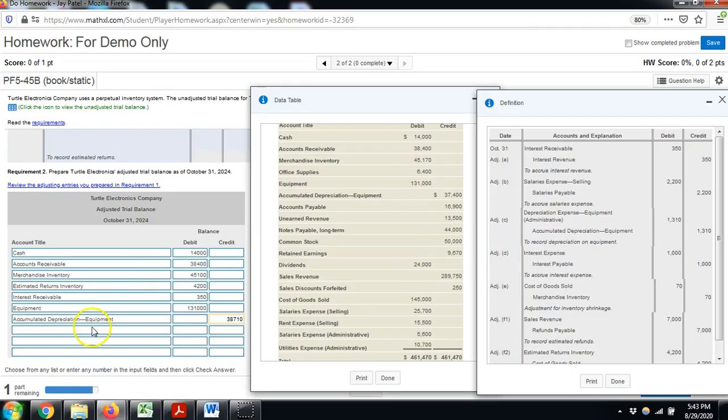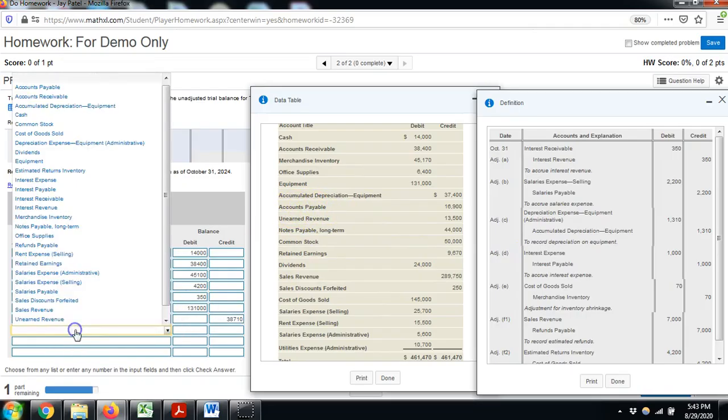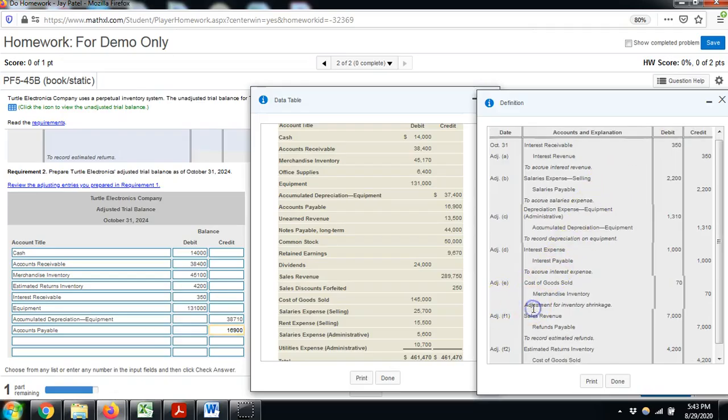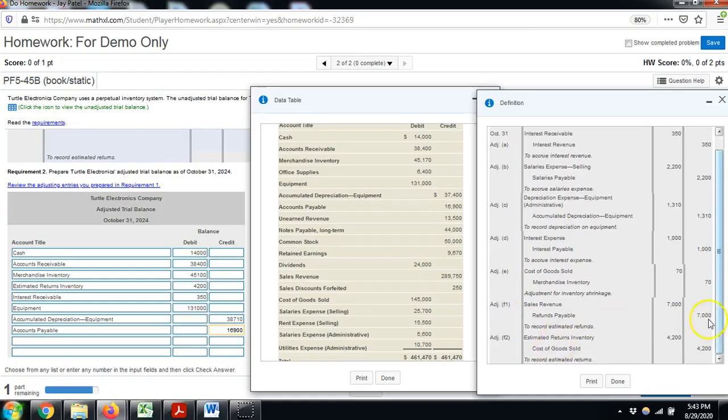So now let's move on to liabilities. Starting on our unadjusted, we have this accounts payable. We have our refunds payable of 7,000.